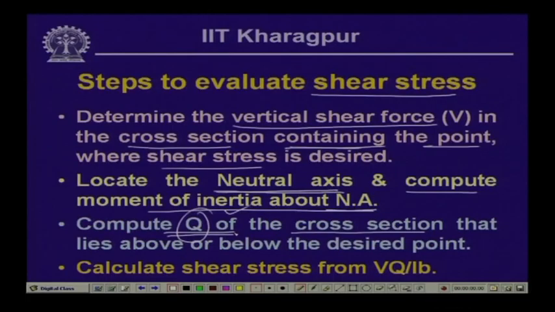As we have seen in the case of a rectangular beam, if we take a section where we want to find the shear stress, we concentrate on the area either above or below that particular segment, and we take the moment of that area with respect to the neutral axis, and that gives us the value of q. So, once we know q, this gives us I, V is known, and b is the width of the beam. That gives us the shear stress from the expression V q by I b, and we can find the value of the shear stress at that particular point.